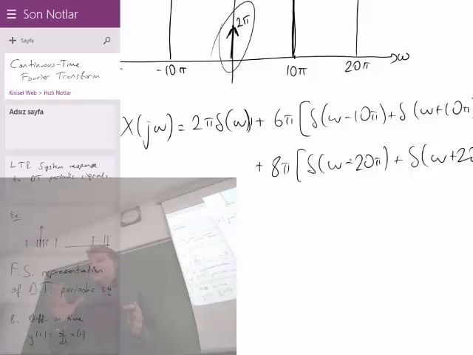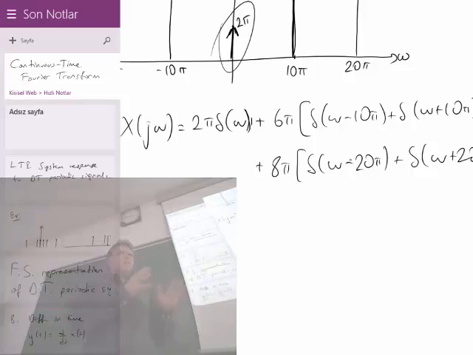So what I'm telling you in short with this example is as follows. If I ask you the Fourier transform of a periodic signal, don't use the formula for the Fourier transform, which is an integral. Don't use it. First, just find the Fourier series coefficients. Use the formulas and your prior knowledge about Fourier series.